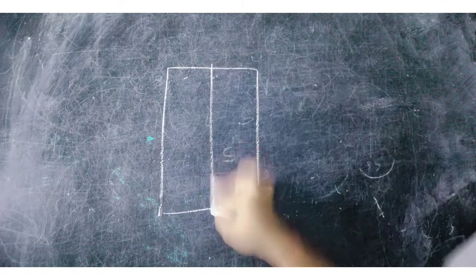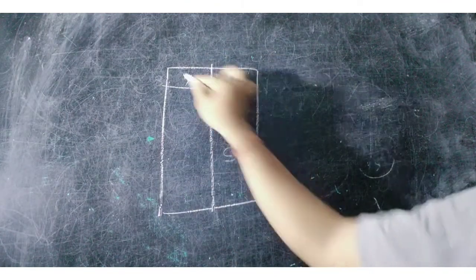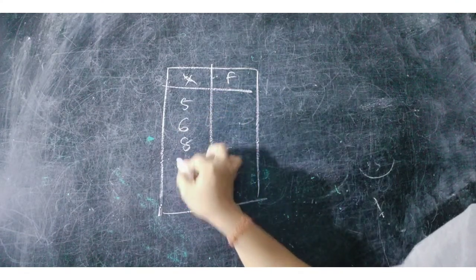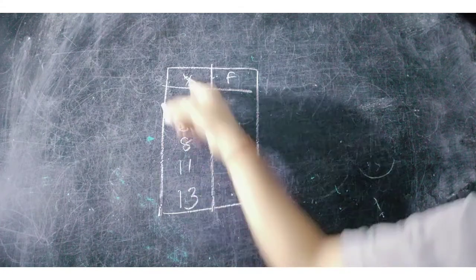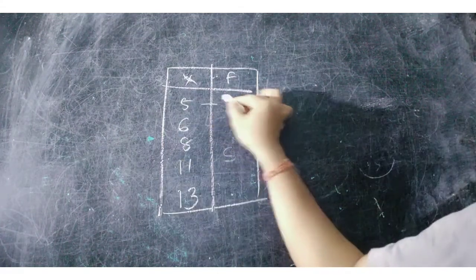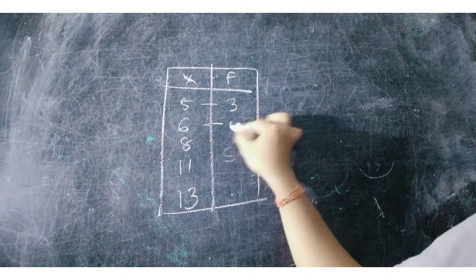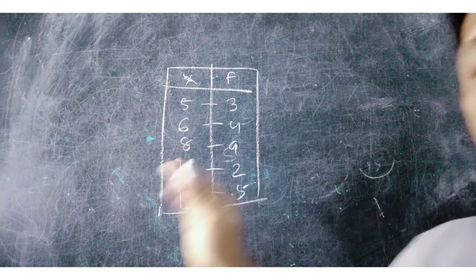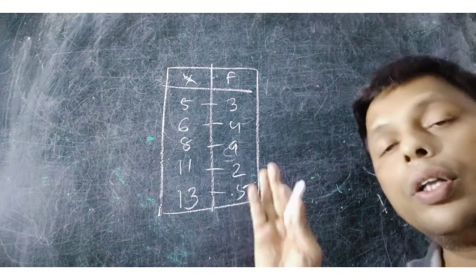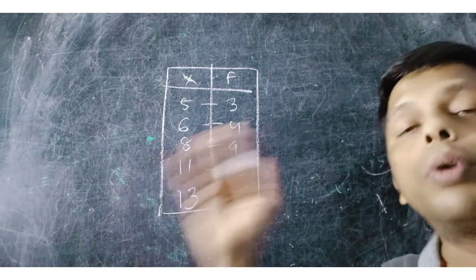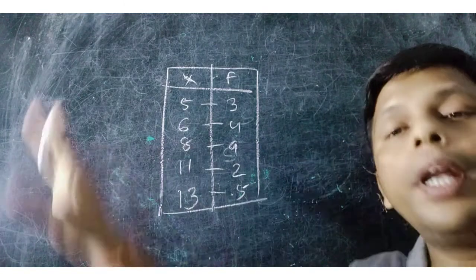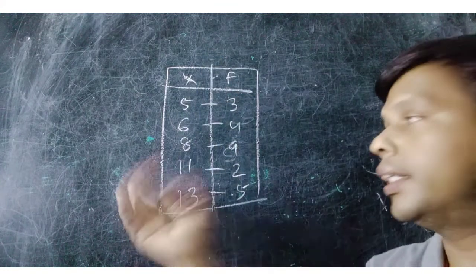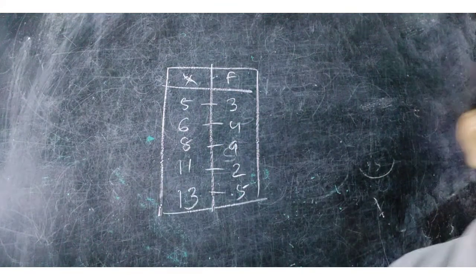Suppose this is x and f: x values 5, 6, 8, 11, 13 with frequencies 3, 4, 9, 2, 5. We do not have to consider the frequencies at all. There is no need to see the frequency, whether this is a class interval or a normal discrete series.